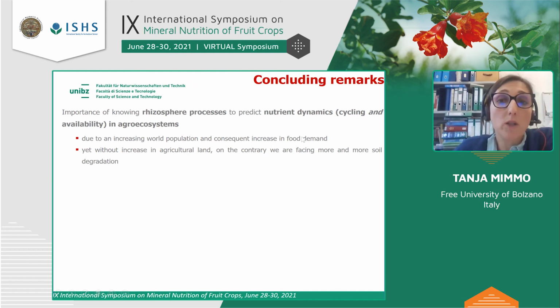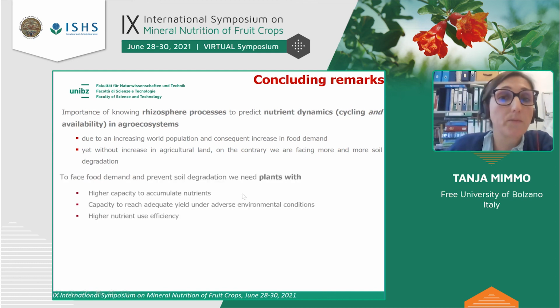But we need to feed those people by producing on agricultural land, and this agricultural land is unfortunately facing a lot of soil degradation, and it's obviously not increasing. On the contrary, we are facing more and more soil degradation.